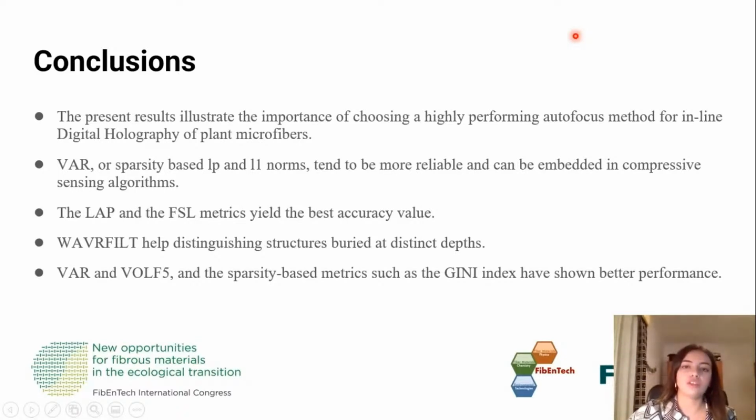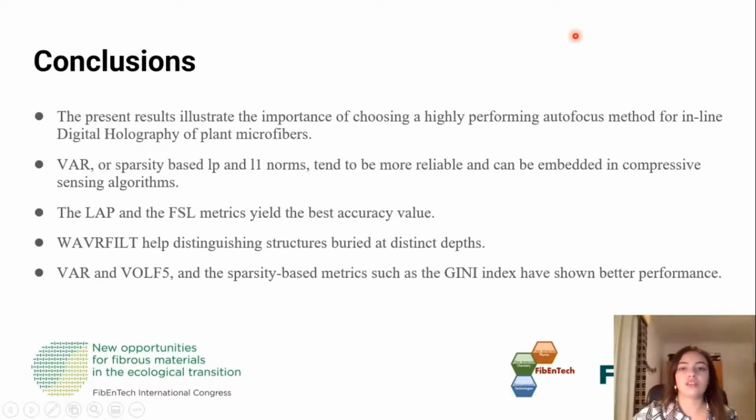For a coarse initial location of a given microstructure, faster and more robust, but less precise metrics such as the VAR or sparsity-based LP and L1 norms tend to be more reliable and can be embedded in compressive sensing algorithms. The LAP and the FSL metrics yield the best accuracy value, but can only be applied to narrow range intervals due to lack of unimodality.